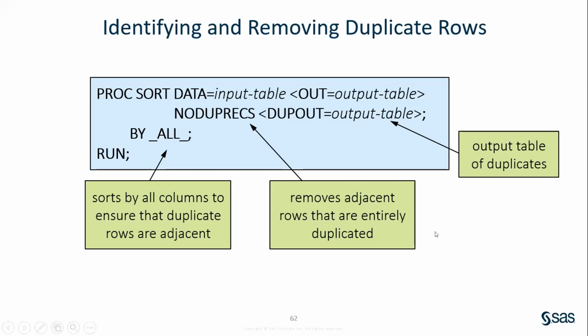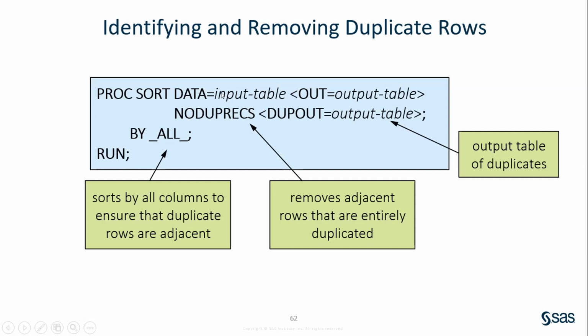So while sorting, before your by statement, your proc sort has optional statement, or sorry, options, where you can write NODUPRECS, and with this option you can include another option, DUPOUT equal to table name. And you have a by statement _ALL_. So what does this syntax mean?